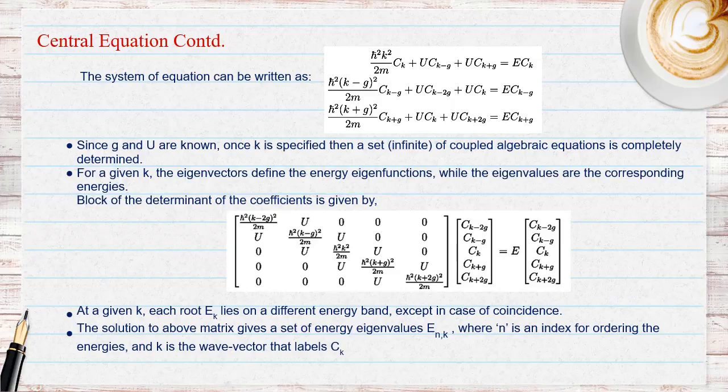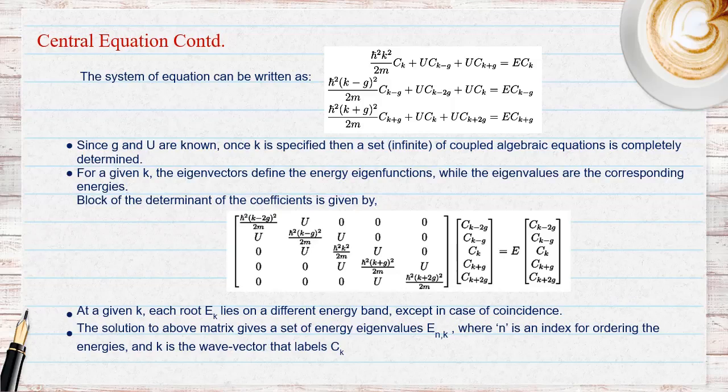Since this primitive lattice translation small g and the potential U are known, once k is specified, then a set of coupled algebraic equations is completely determined. Actually there will be an infinite number of equations, but we will only consider a few in order to solve them.